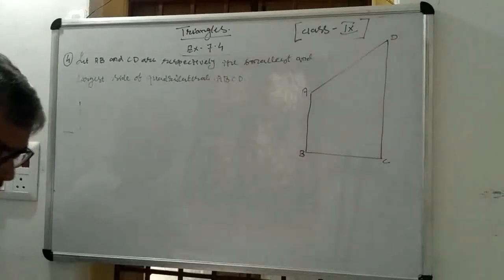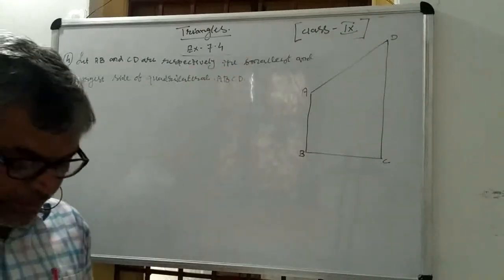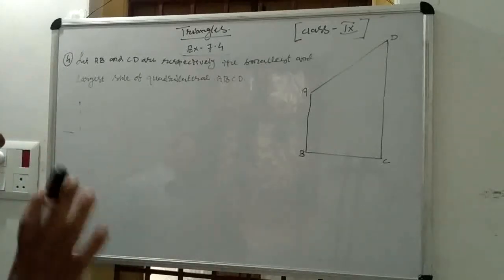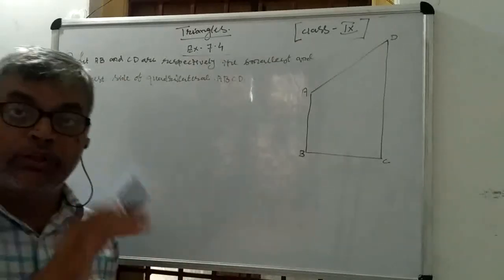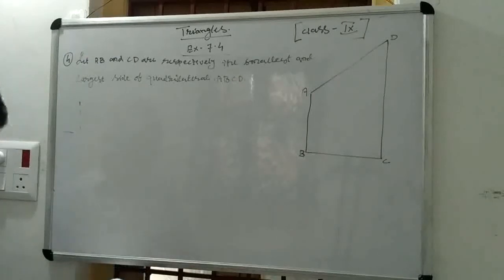It means AB is the smallest side of the quadrilateral ABCD and CD is the largest side of the quadrilateral ABCD.